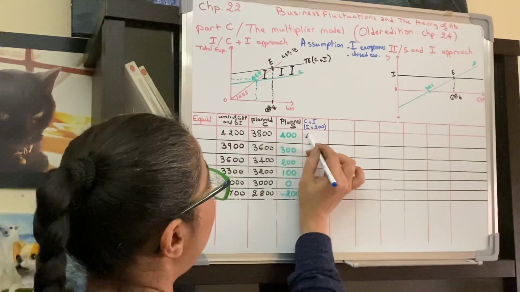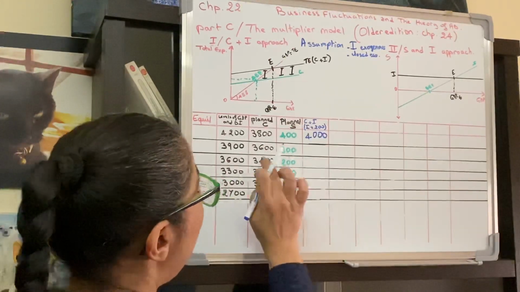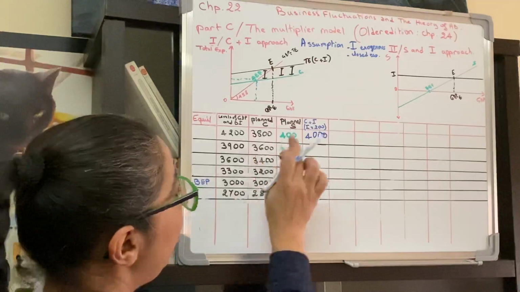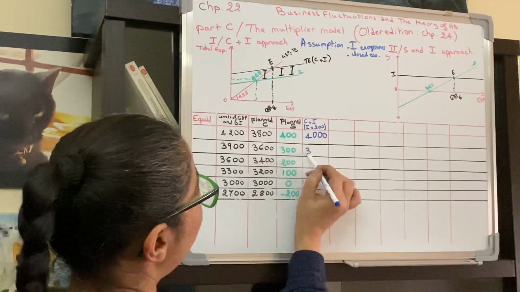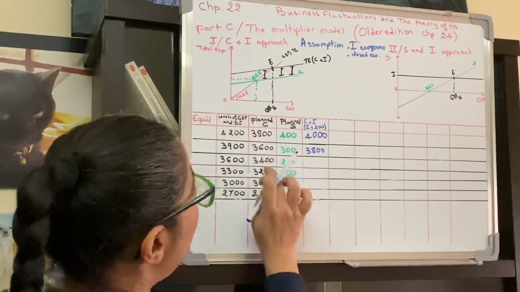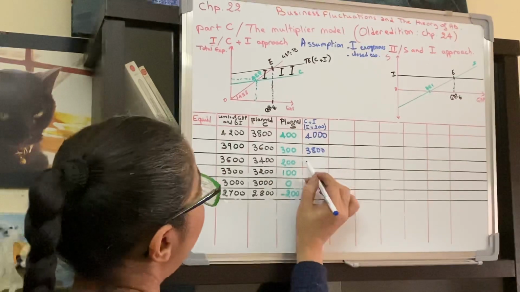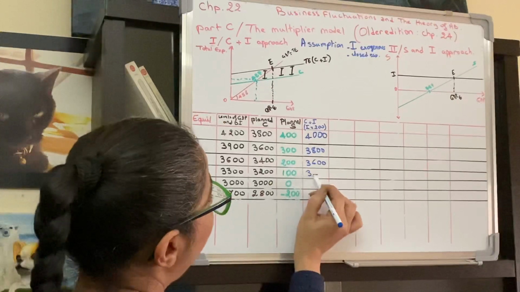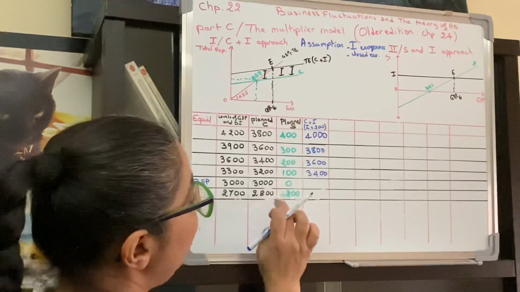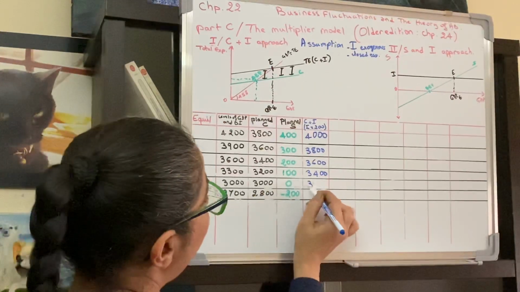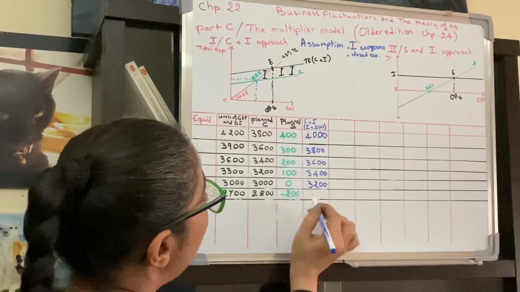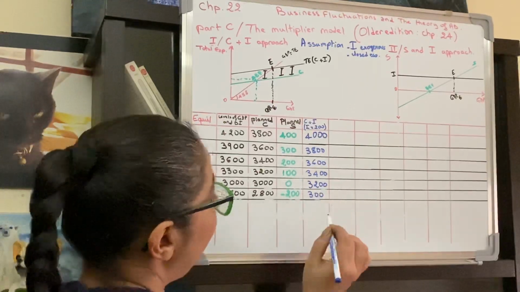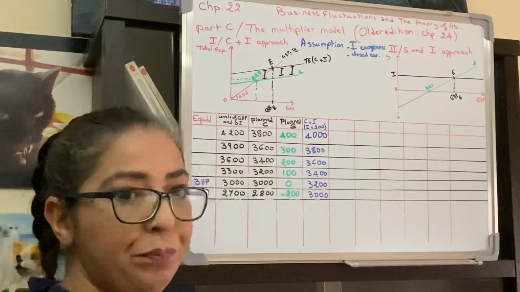So here it's going to be 4,000. I take the consumption plus the 200. So here it's 3,800. My consumption plus 200, 3,600, 3,400. I'm just adding 200 to the consumption. 3,200 and then 3,000. Okay?